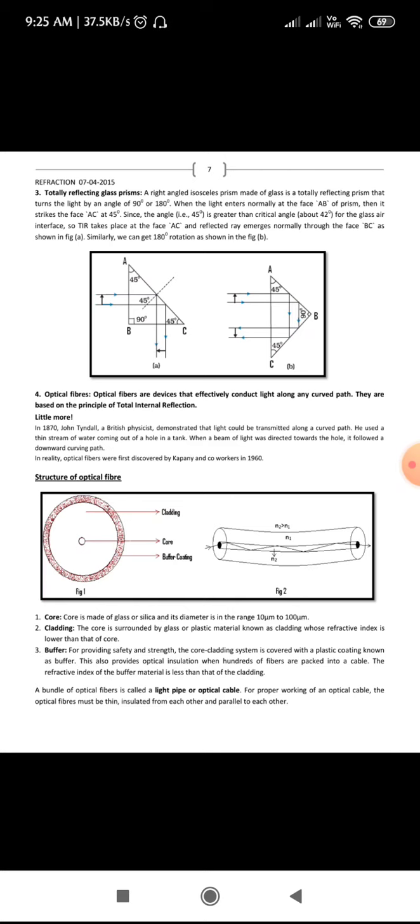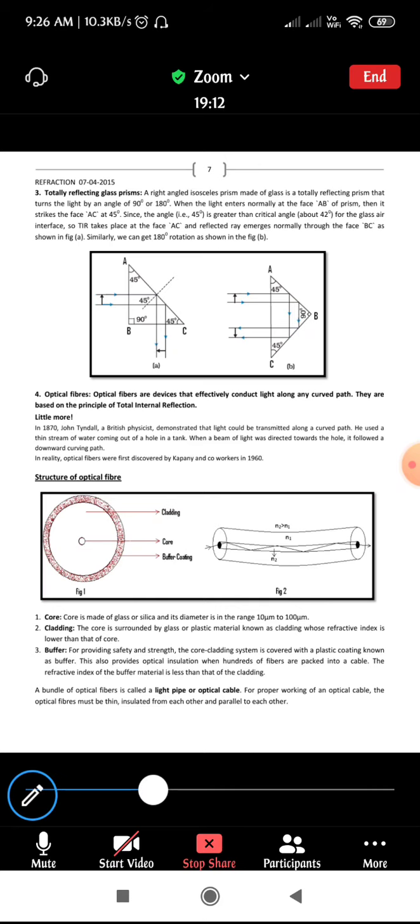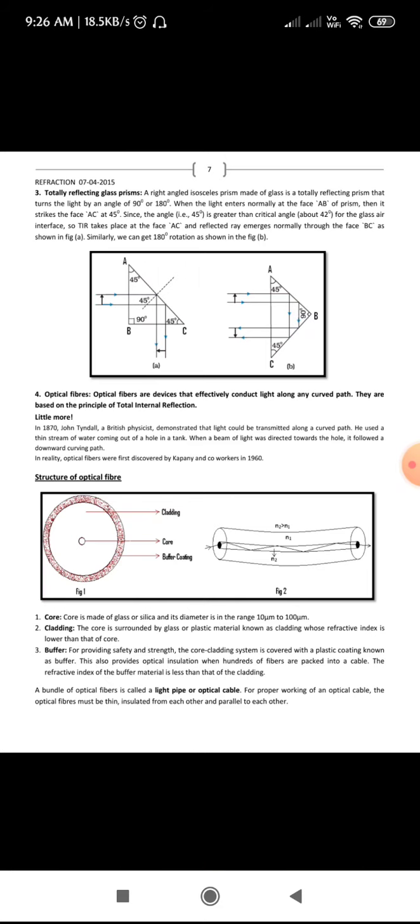A right angled isosceles prism made of glass is a totally reflecting prism that turns the light by an angle of 90 degree or 180 degree.